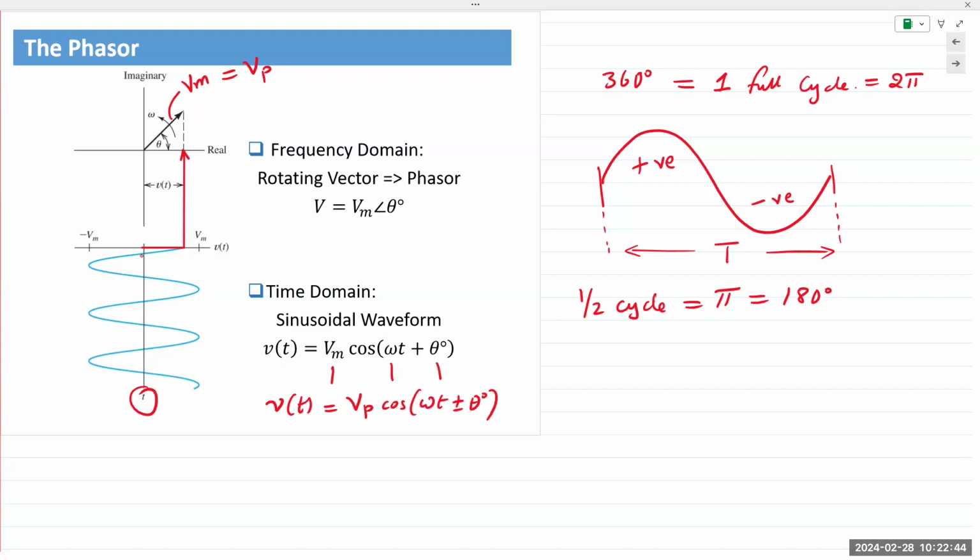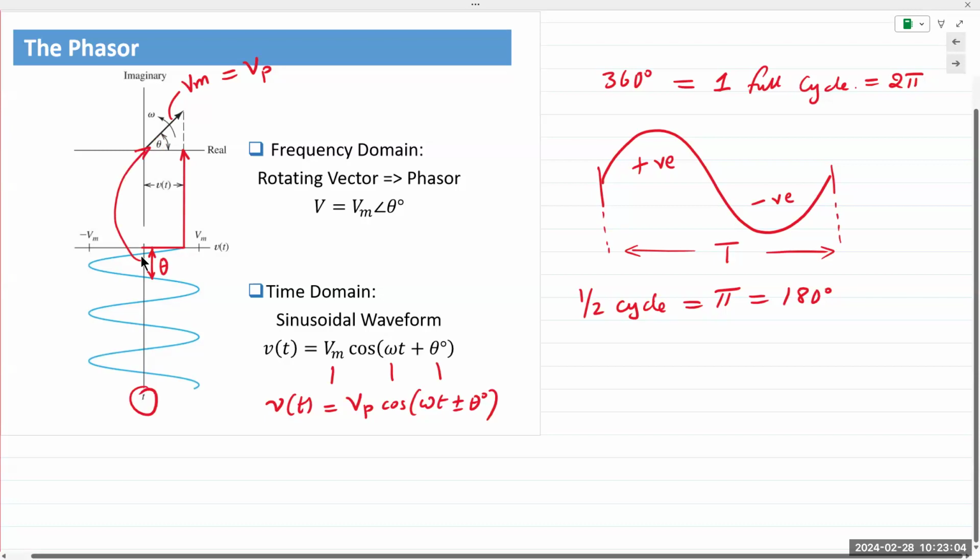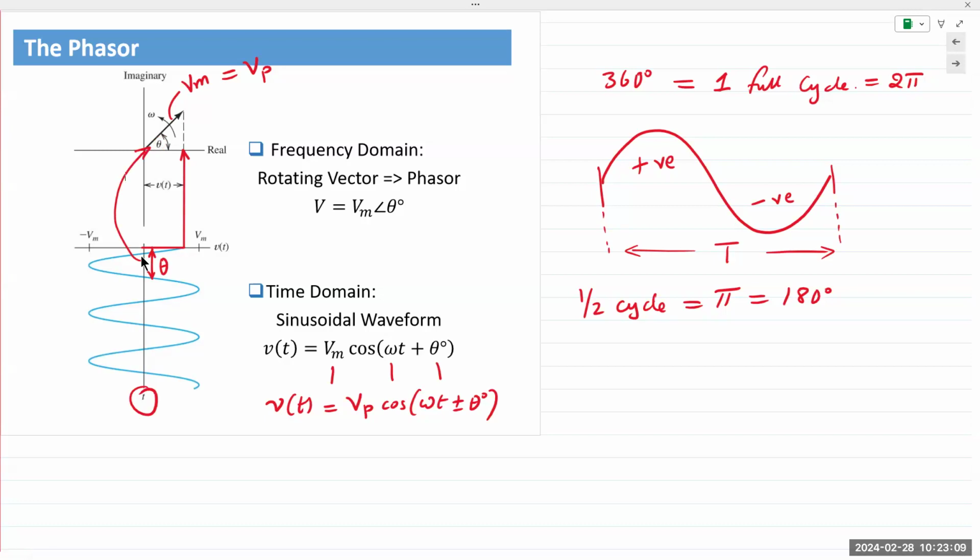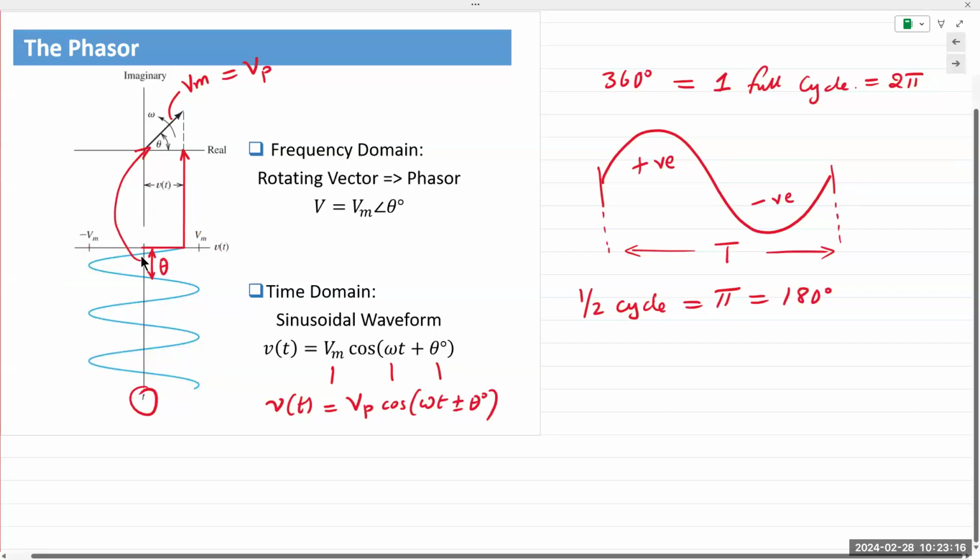And the distance away from 0, 0 gives you the phase, represented by the phase angle of that vector right here. Again, it's a single snapshot. That phasor is a vector that is a single snapshot of a moment in time of that time domain waveform.